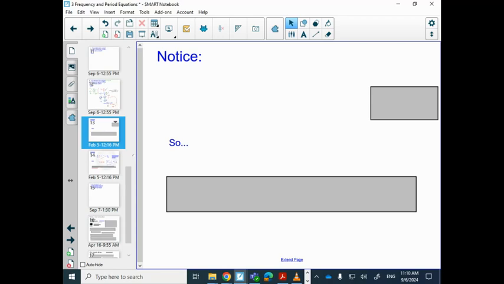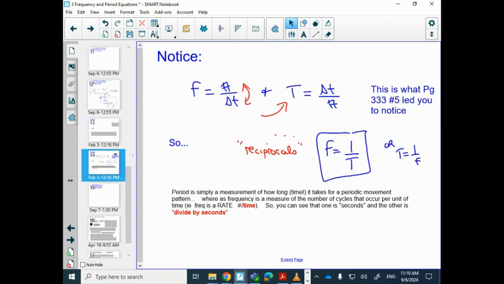Moving on, we're going to notice something here. We're going to notice that the frequency equation and the period equation are inverses. They're not inverses. That's the wrong word mathematically, but it's used interchangeably in language. They are reciprocals of one another. They're upside down versions of one another, right? And so there was a previous homework question, number 5, that tried to lead you to notice that idea.